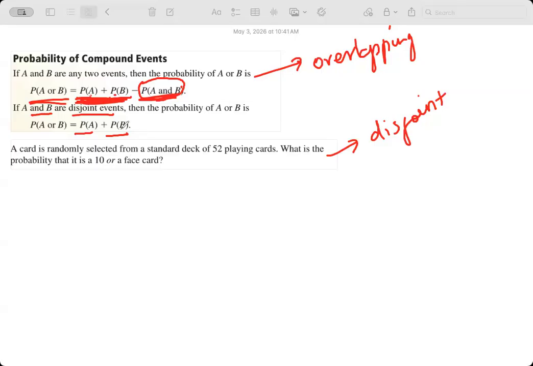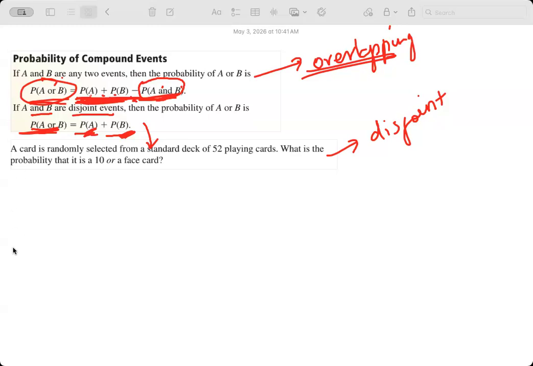This is compound probability, because there are two events happening, A and B. Disjoint means it's very easy: just add their probabilities to get probability of A or B. In overlapping events, if you want probability of A or B, you add both probabilities and subtract the intersection, because in the sum you already added the intersection once. It's double counted, so you'll have to remove one intersection.